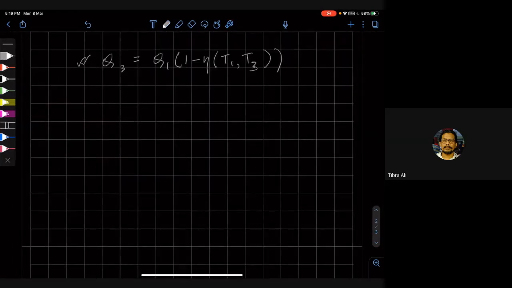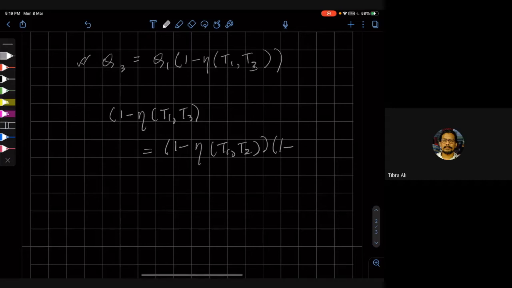In other words, if I equate these two equations, 1 minus eta T1 comma T3 is equal to 1 minus eta T1 comma T2 times 1 minus... sorry.